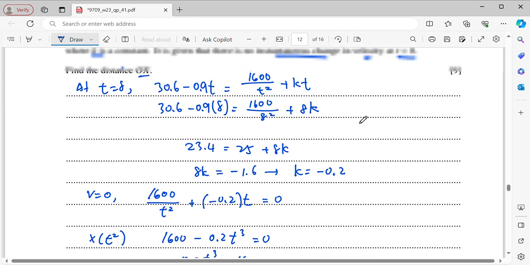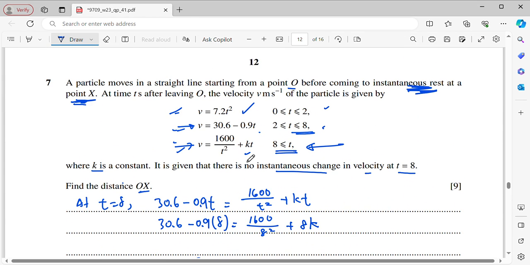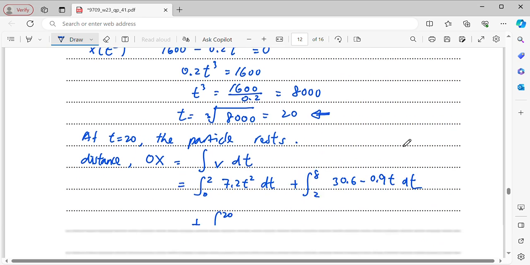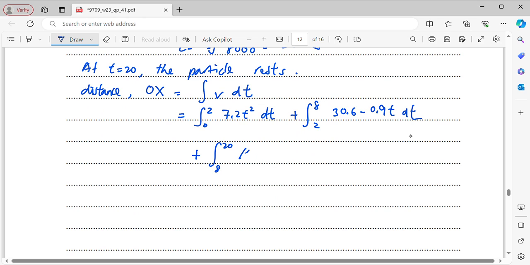The v expression is 1600 over t squared plus k, where k is replaced by negative 0.2, so it will be 1600 over t squared minus 0.2t dt.